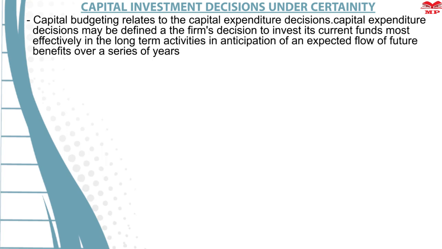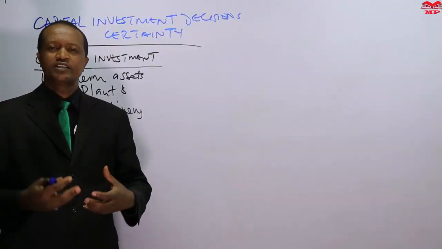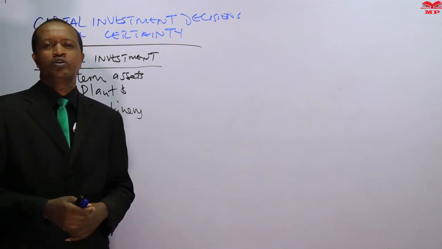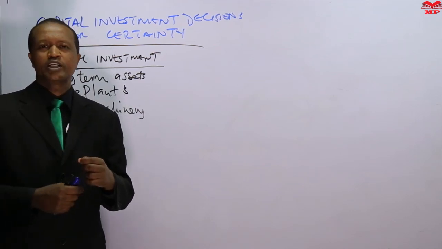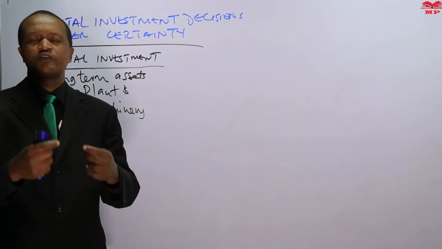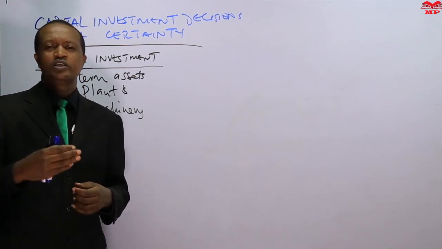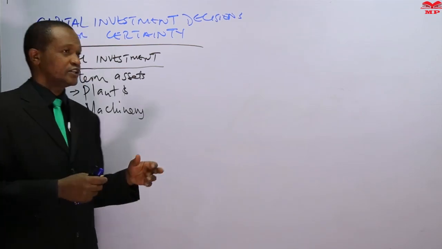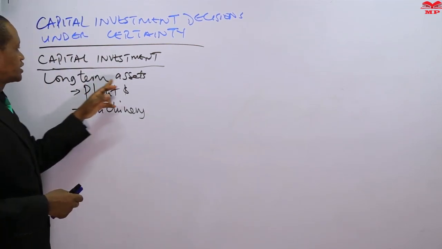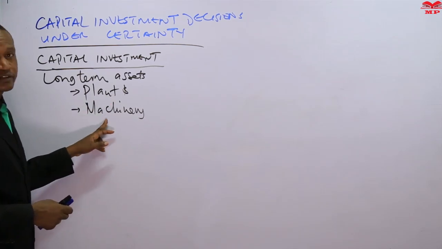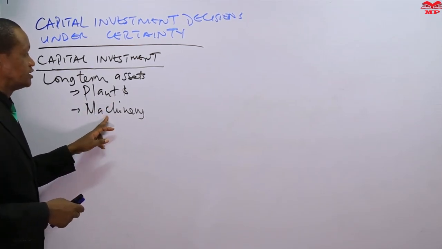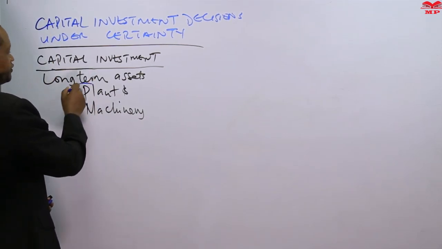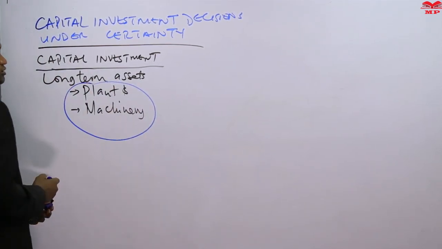So in capital budgeting, the current funds are invested expecting to have a series of cash flows in future. For example, when you invest in long-term assets like plants and machinery, you do not expect to have cash flows immediately.